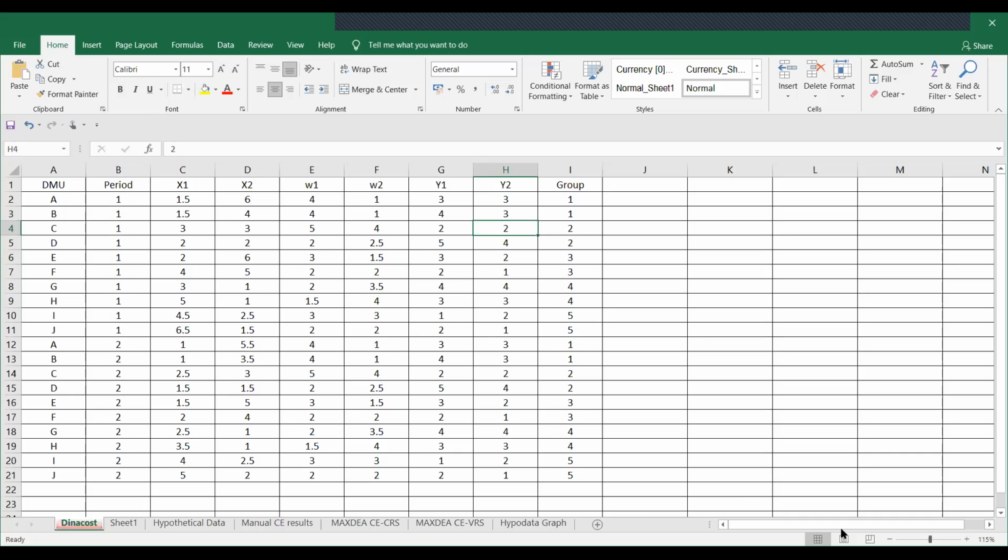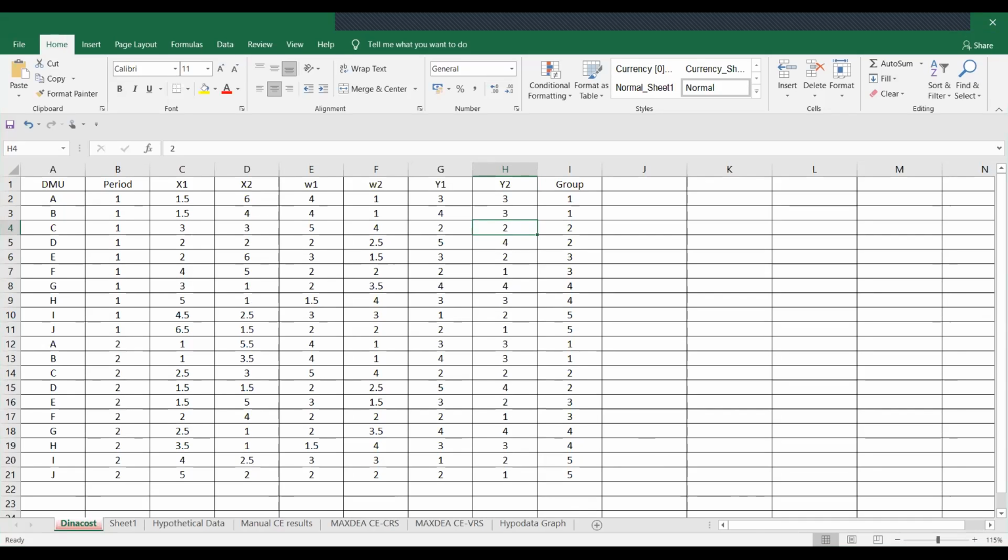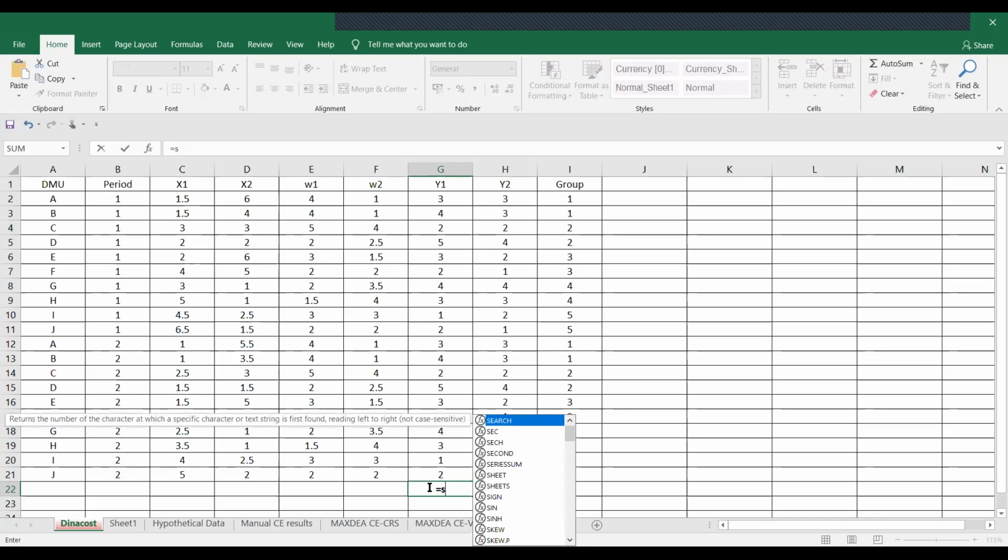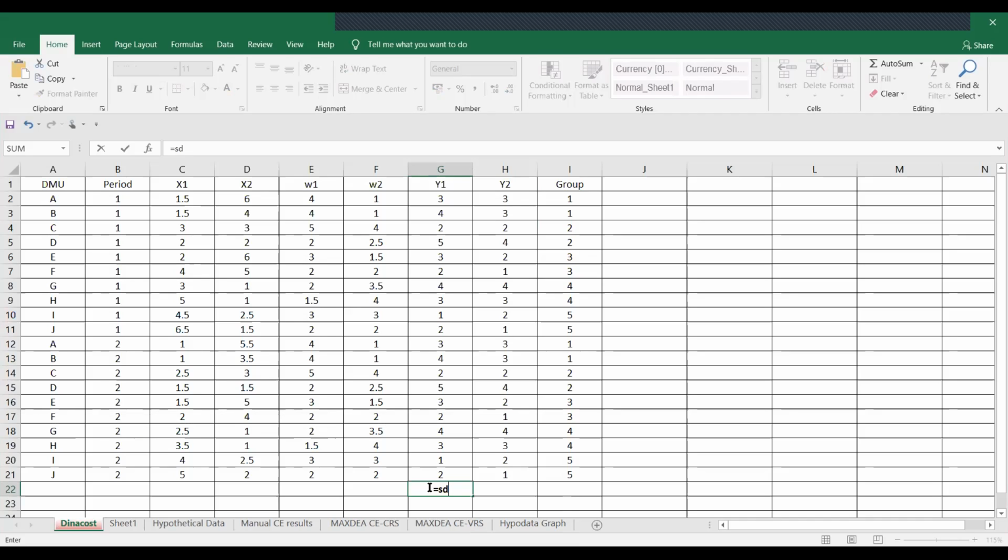If you find the mean and the standard deviation, okay, let me do some formula.